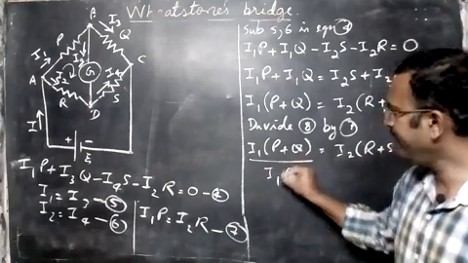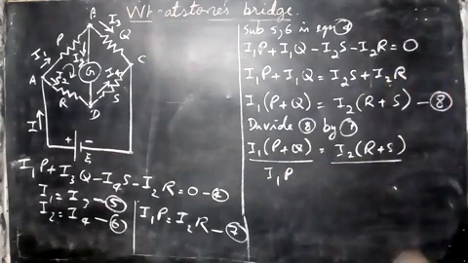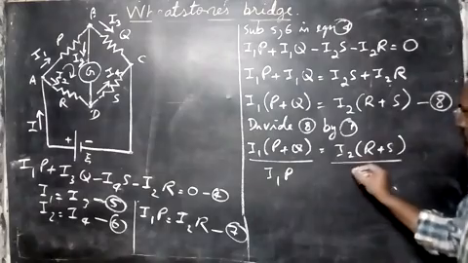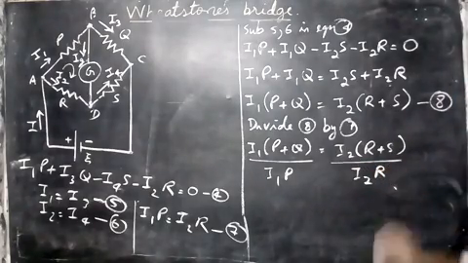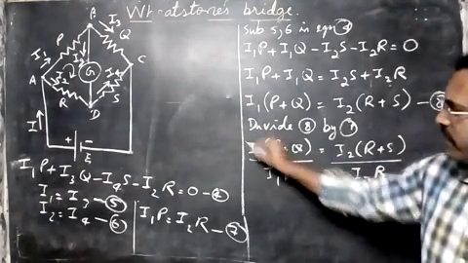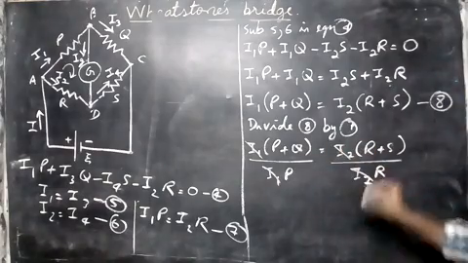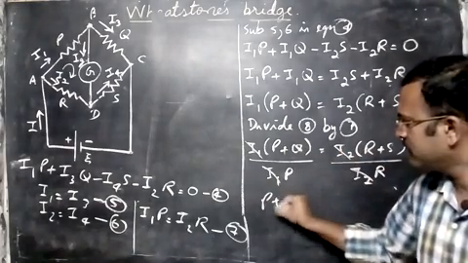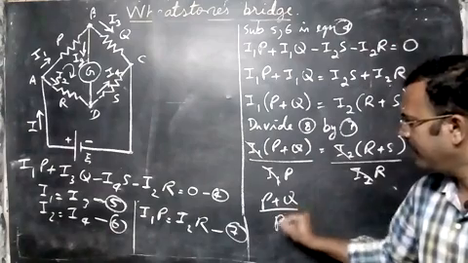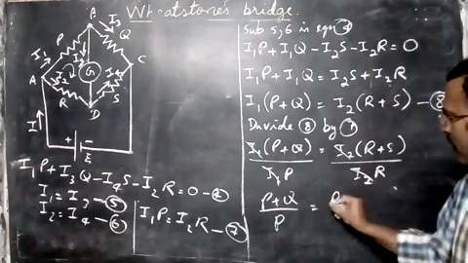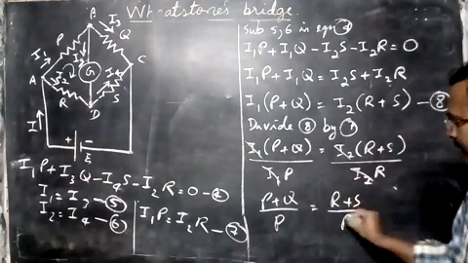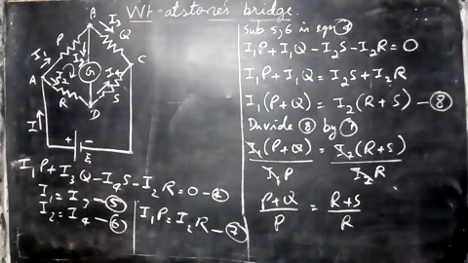That will be I1P, and this side will have here this one I2 into R. Okay, so what is common here? I1 cancels, I2 will cancel. So you get here P plus Q by P is equal to R plus S by R. Okay, it's now simple only.